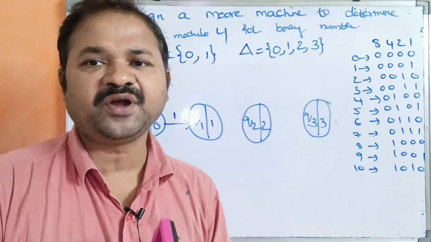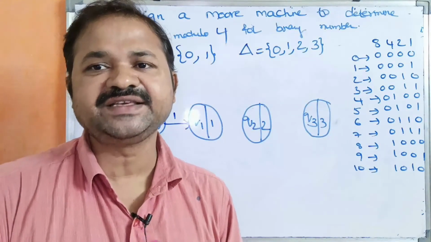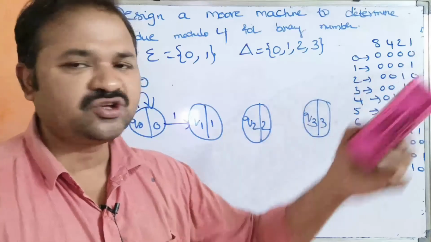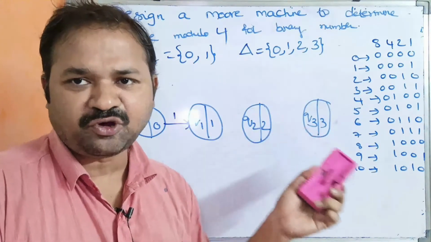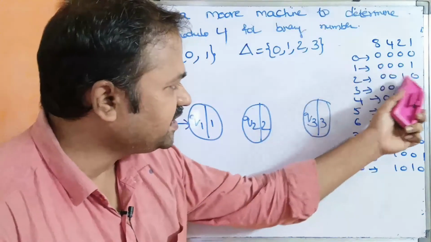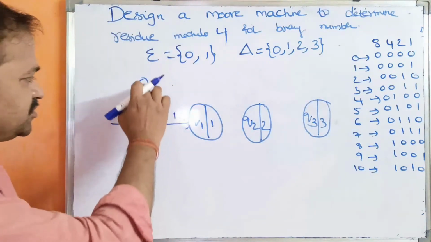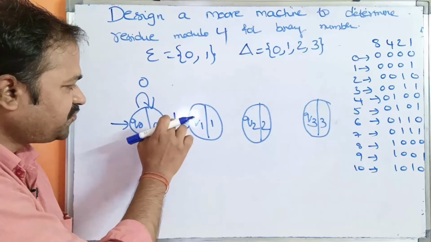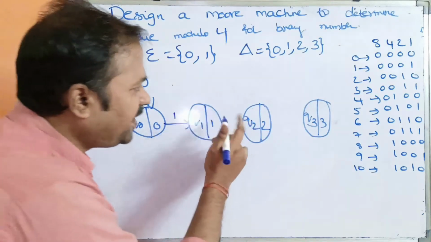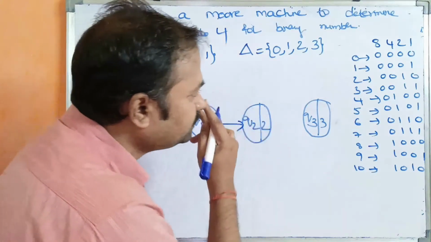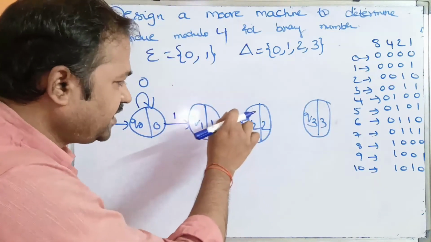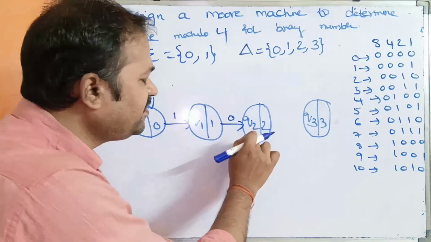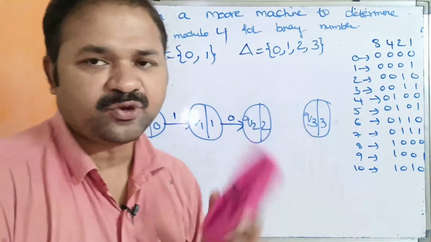The result of 2 modulo 4 is 2. So if we perform 0010, we have to be at the Q2 state, because Q2 output is 2. So what is the input here? 0010. 00 means Q0 state, 1 means Q1 state, and if we apply 0 on Q1, then we will be at the Q2 state. Output of Q2 is 2.